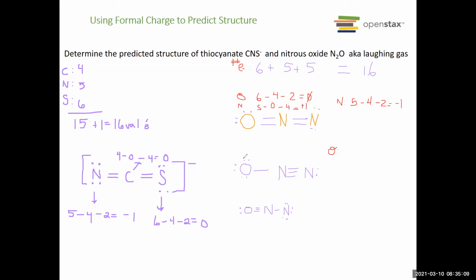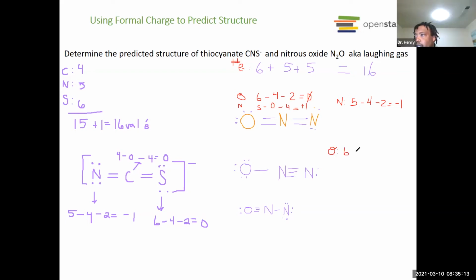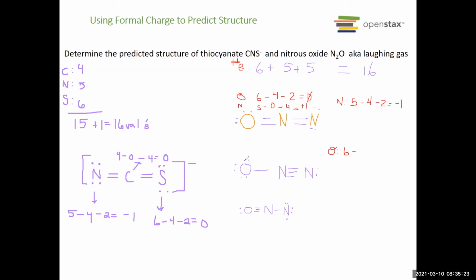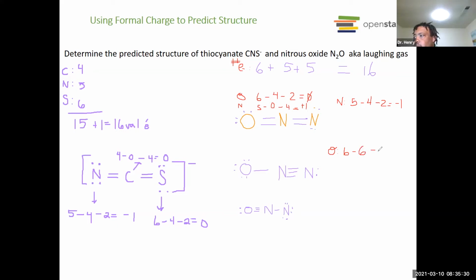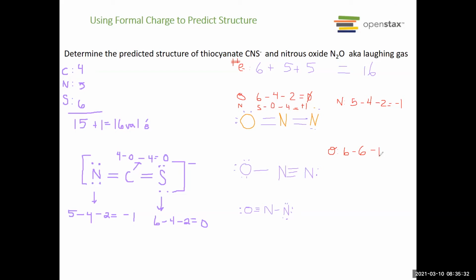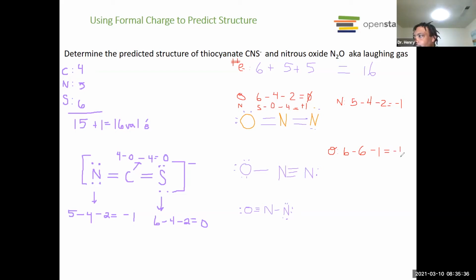Six. That's correct. That's 6 valence electrons minus the number of lone pair electrons, 1, 2, 3, 4, 5, 6. Minus the number of bonds. 1. Okay. So then that gives us a -1.